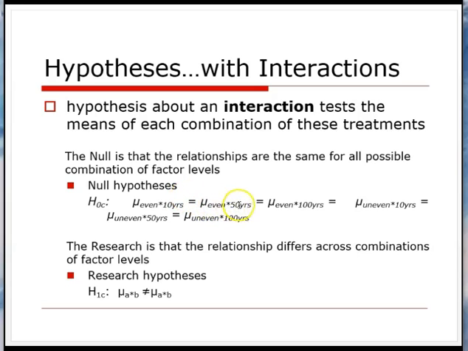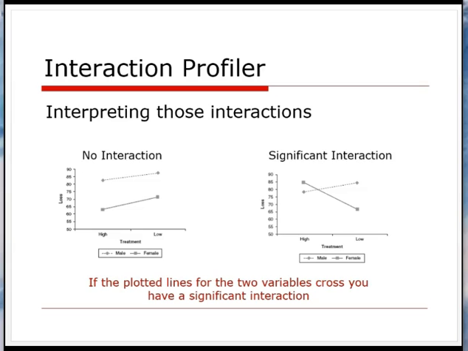The null hypothesis is essentially saying that for each possible combination of these treatment groupings, you're going to see the same mean. What this would look like is if you saw the same difference regardless of the settings of some second variable, you would expect to be able to plot out these lines and see that they don't cross.